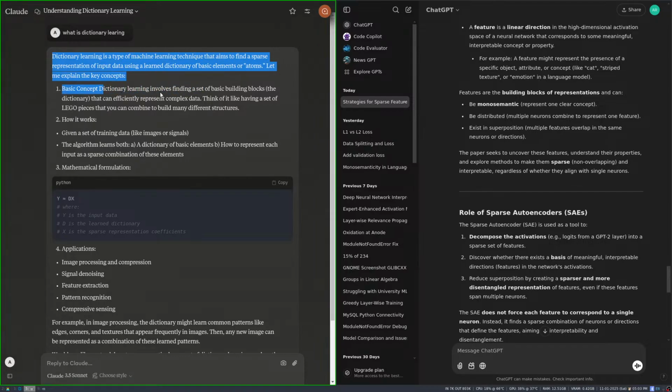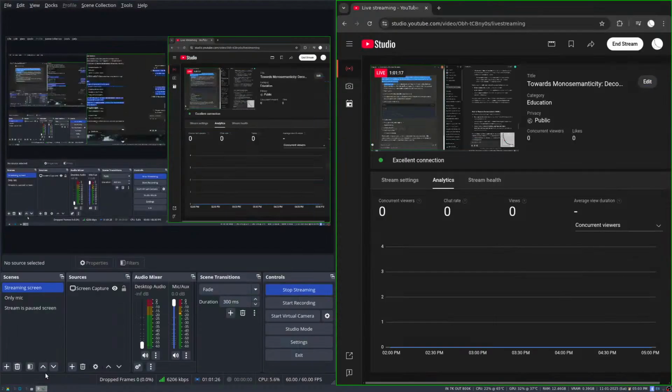We attempt to find a sparse representation of input data. Cool.